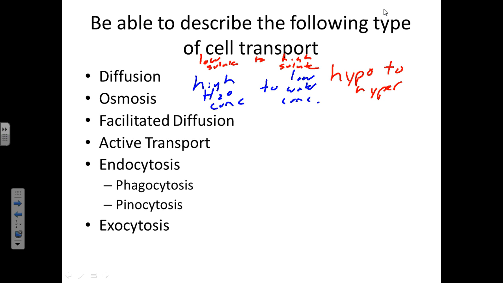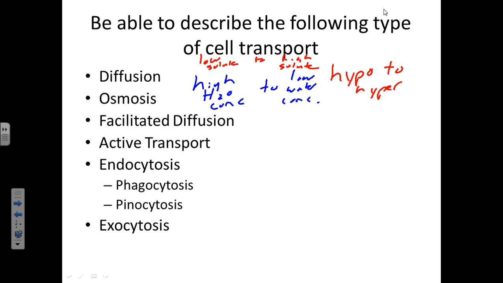Facilitated diffusion. The next one is diffusion with a little help. What kinds of things need a little help to get in and out of the cell? Big proteins. Big things and charged things. This is what helps them. So this is the movement of a substance from high to low concentration through a protein channel.